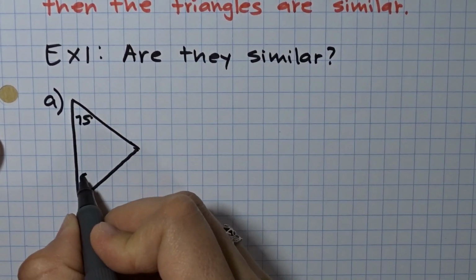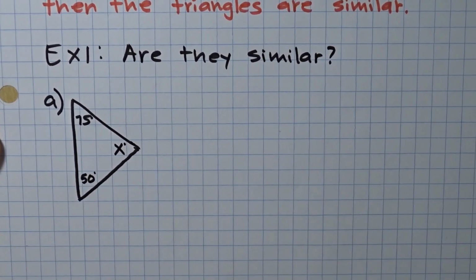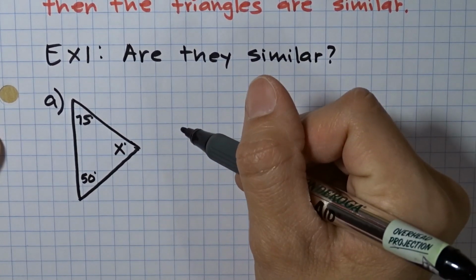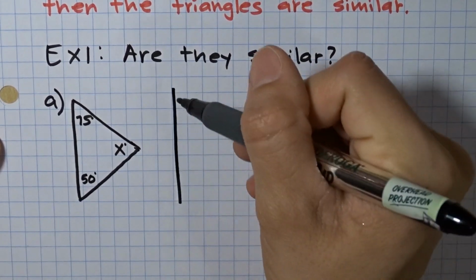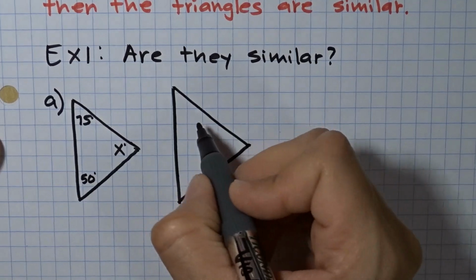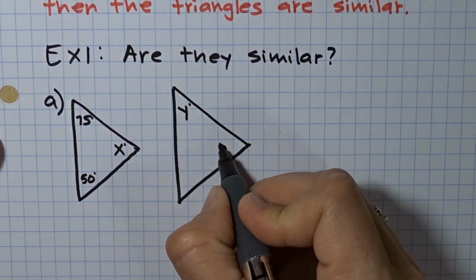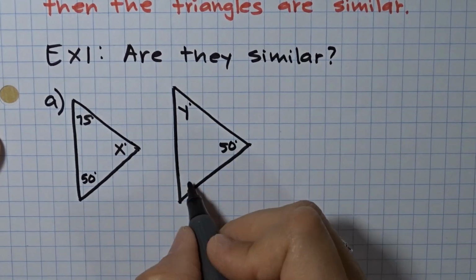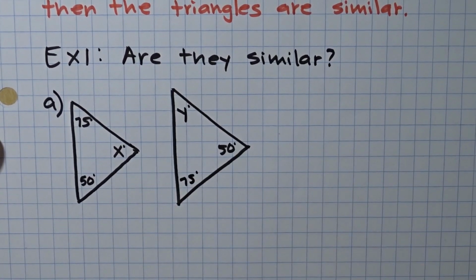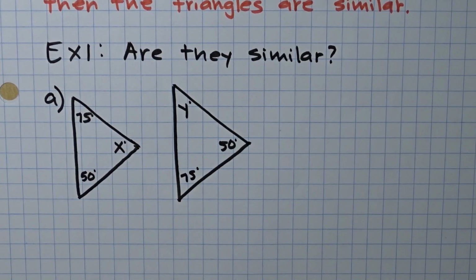This one's 50. And I don't know what X is. And then I have another one, not drawn to scale. Say this is Y, 50, and 75.